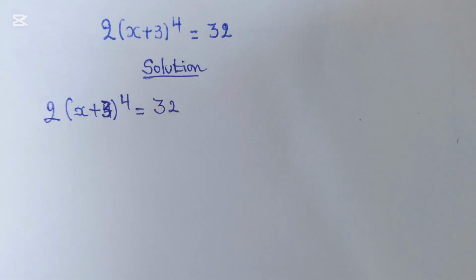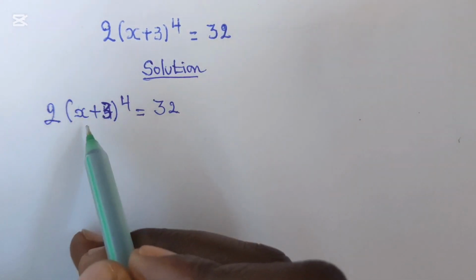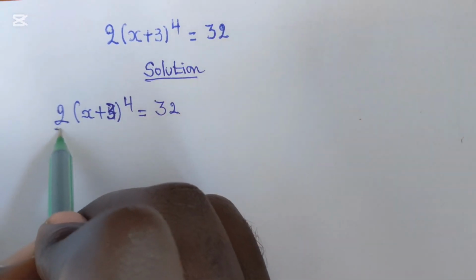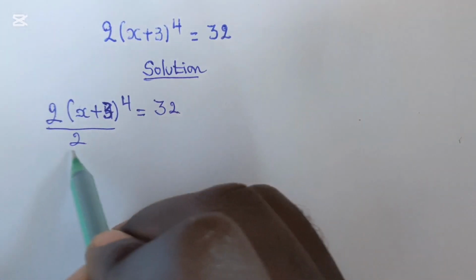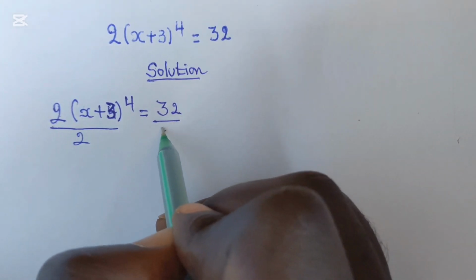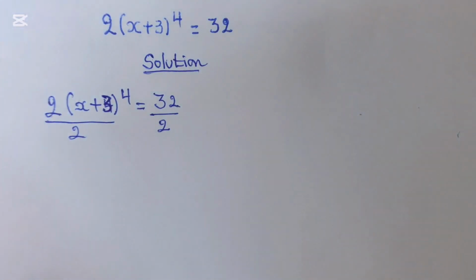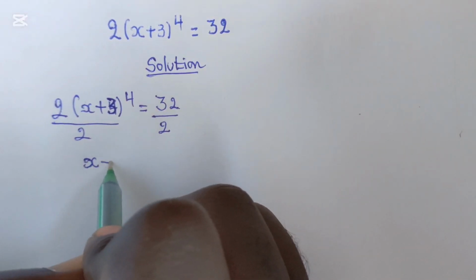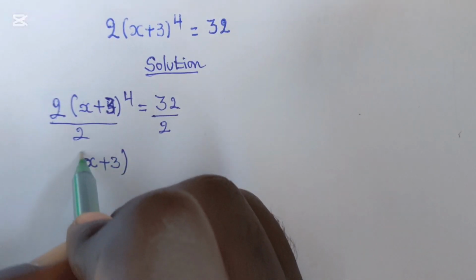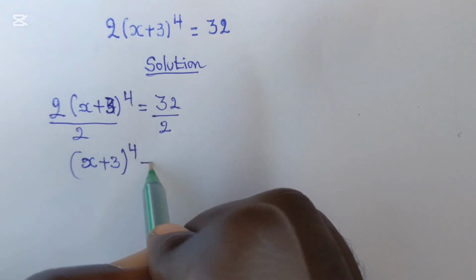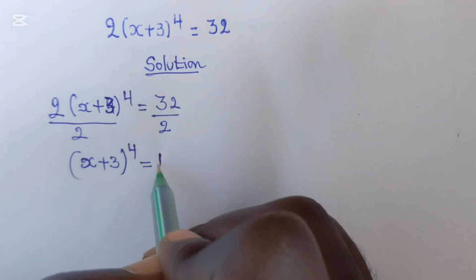Of course this is 2 times, so we can divide. Once we divide here, you have to divide also on this side to get (x plus 3) to the power 4 to be equal to 16.